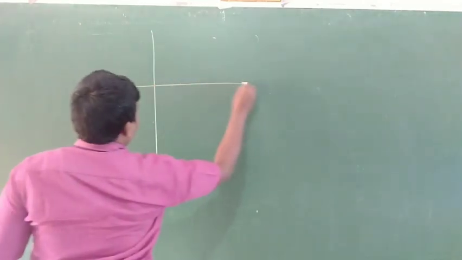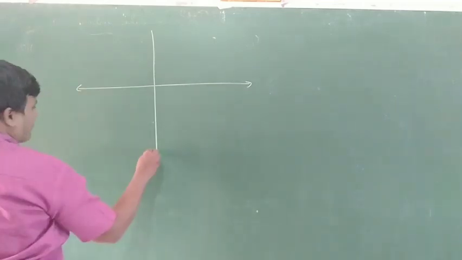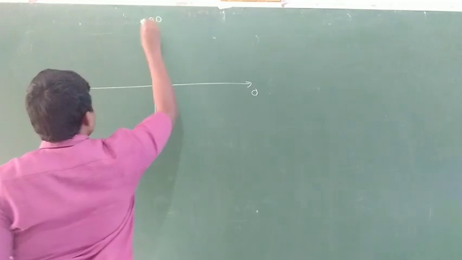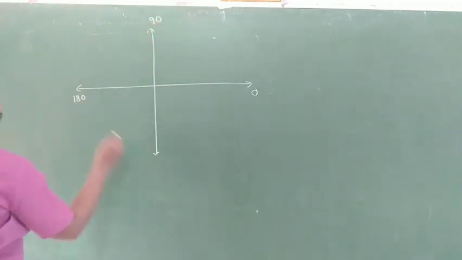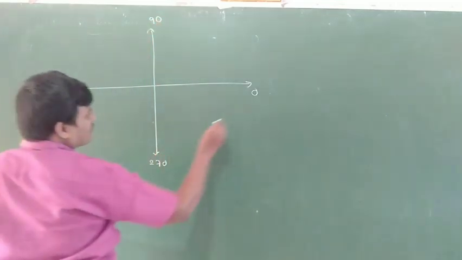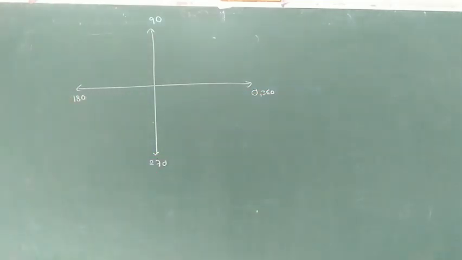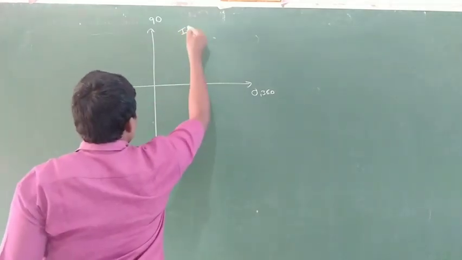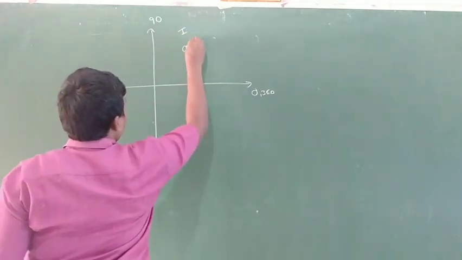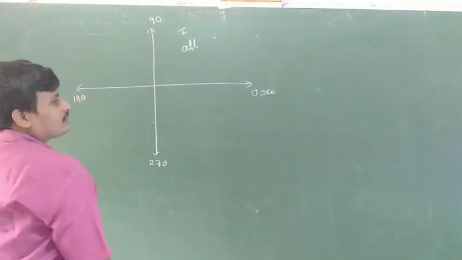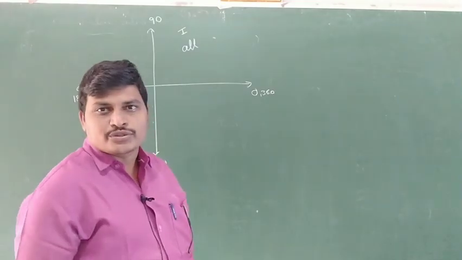So, a clear picture finally. 0, 90 degrees, 180 degrees, 270 degrees, 360, 0 or 360. One total revolution is 360 degrees. This is the first quadrant. All means all functions are positive.